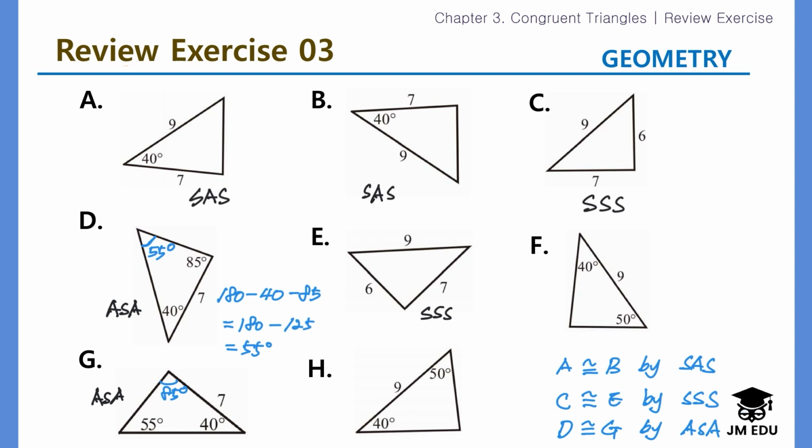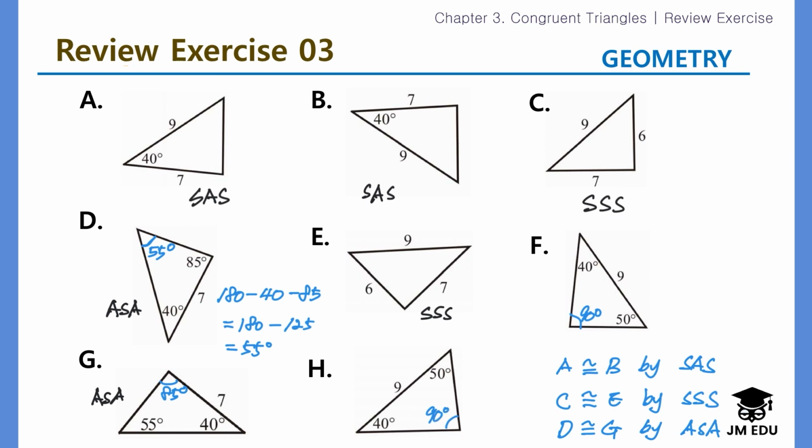Okay, now let's look at F. Here we have 40, 50. That sums to 90, right? Then this must be equal to 90. 40, 50, this one 90, right?